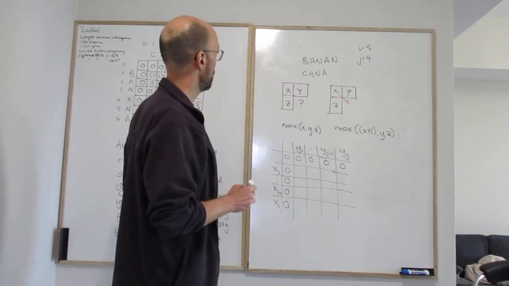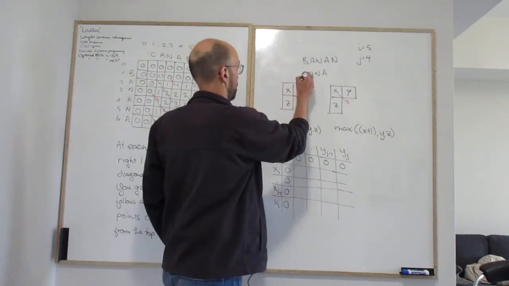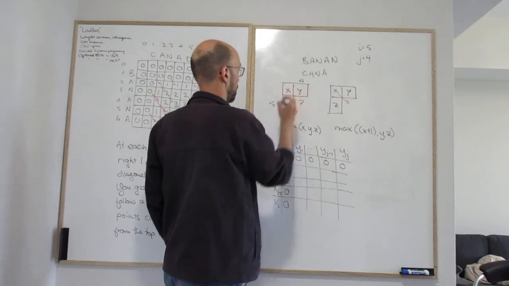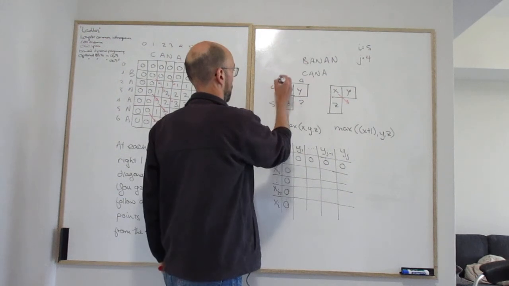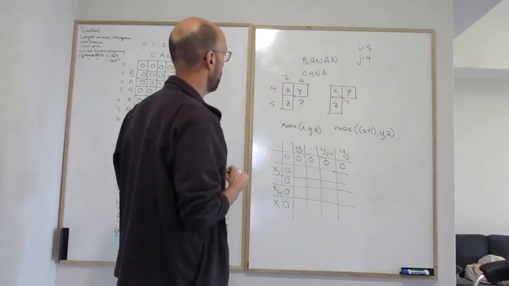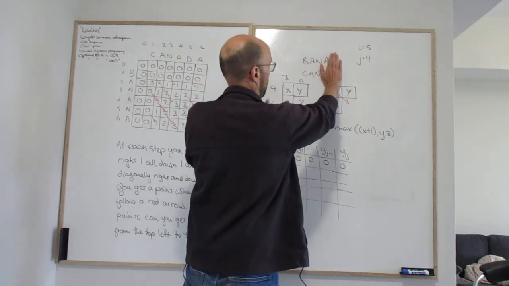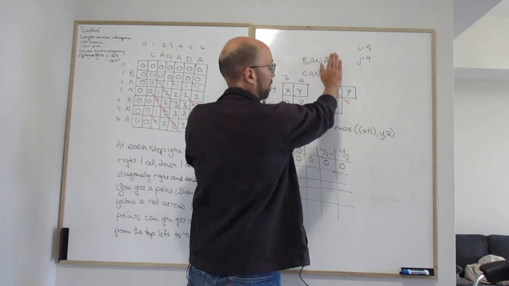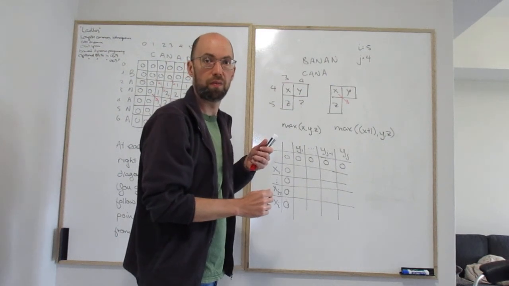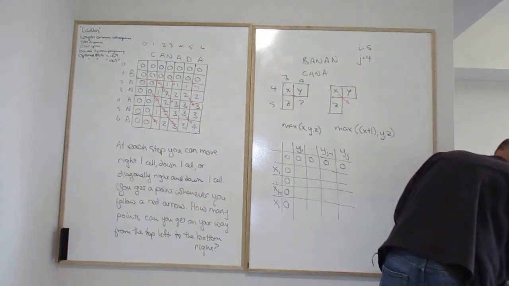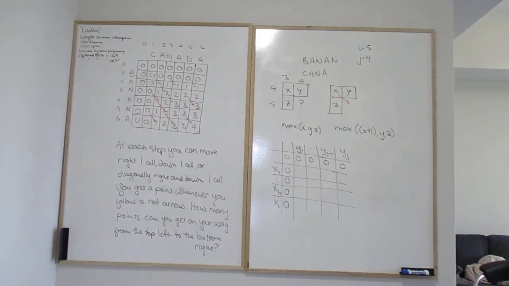So this is 5, 5, this is 4. So what is 4, 3? What is the longest common subsequence of bana and can? It's 2. Okay, I'm just going to stop the video and start it again.